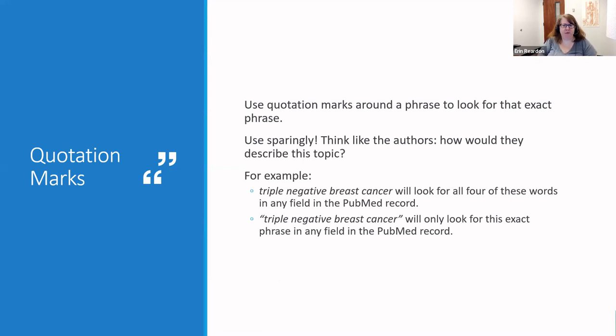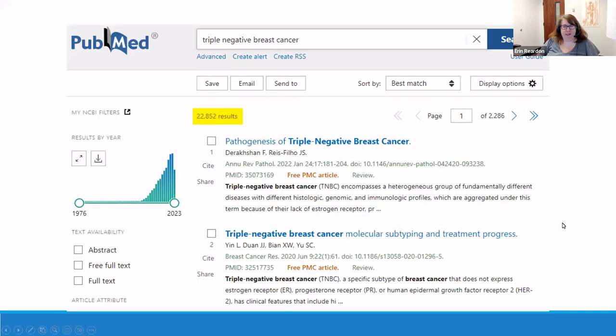If we look at the example triple negative breast cancer without quotation marks, PubMed is looking for all four of those words in any field in the PubMed record. We'll talk about fields and records in a little bit. If you put quotation marks around it, PubMed only looks for that exact phrase in any field in the PubMed record. And this is what that looks like.